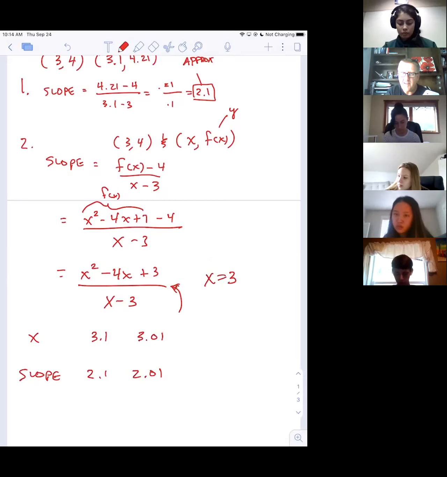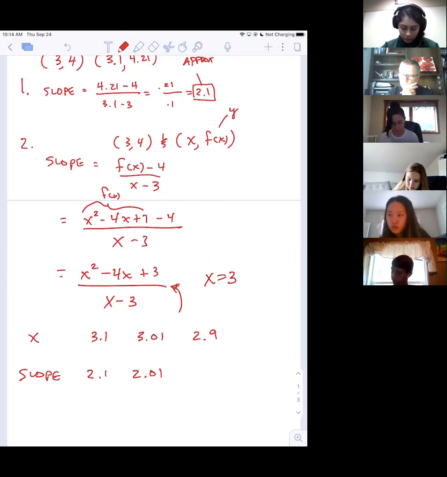But again, does x have to be above 3? No. Couldn't it be below 3? Like, try sticking 2.9 into that. Or let's even go closer.